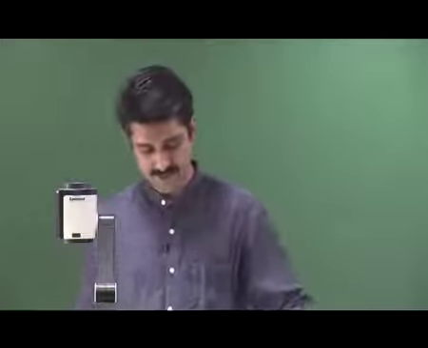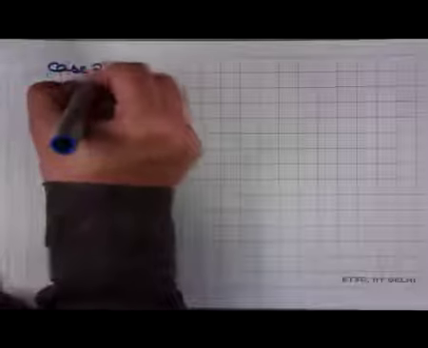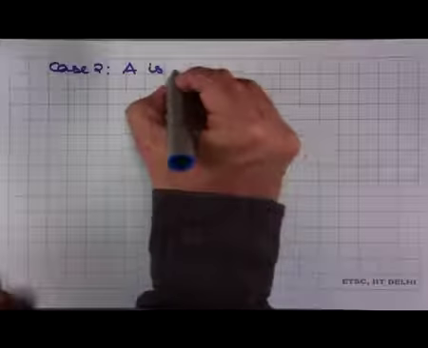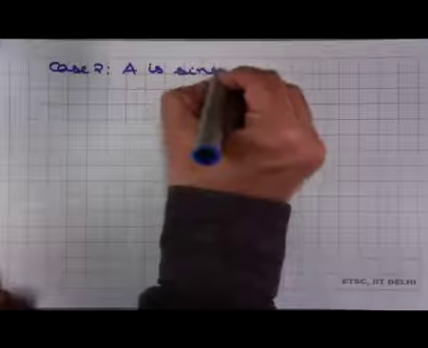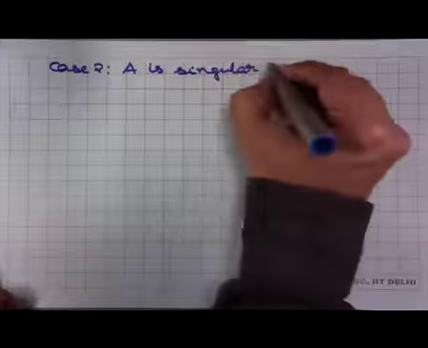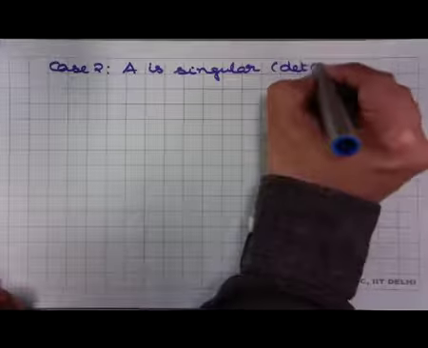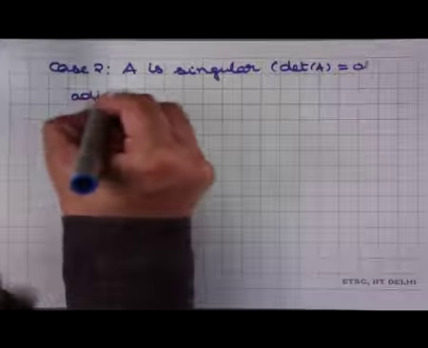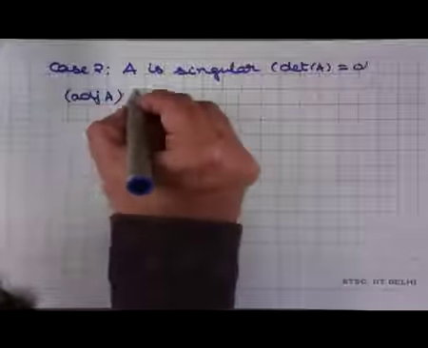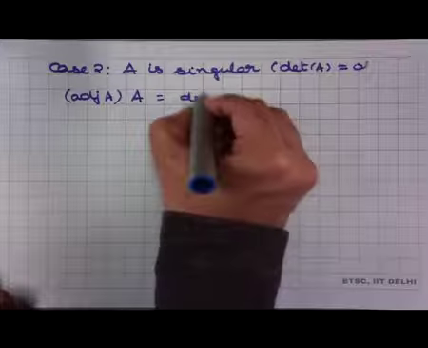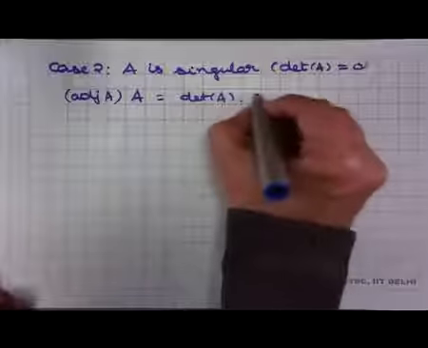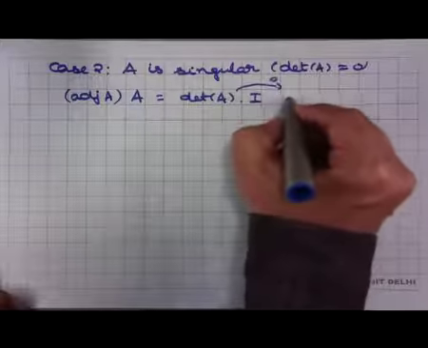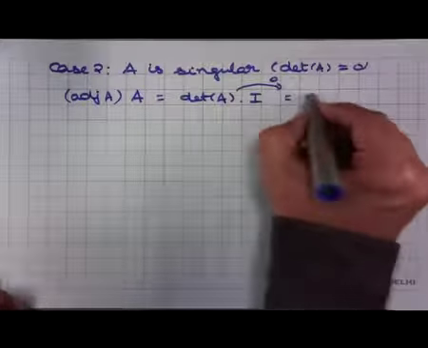So, the second case is if A is singular, that is, the determinant of A is 0. Then the adjoint of A times A is the determinant of A times identity, which, because this is 0, is equal to the 0 matrix.